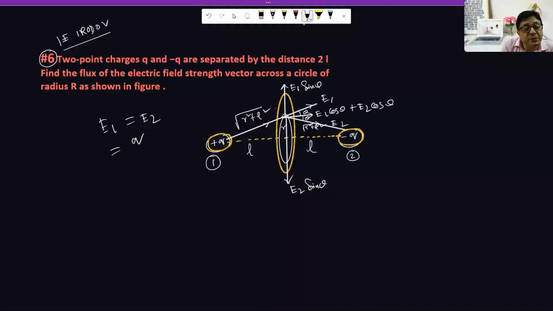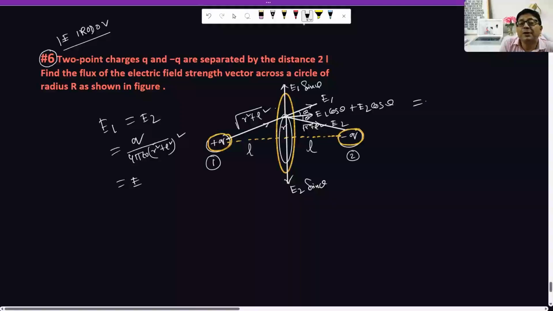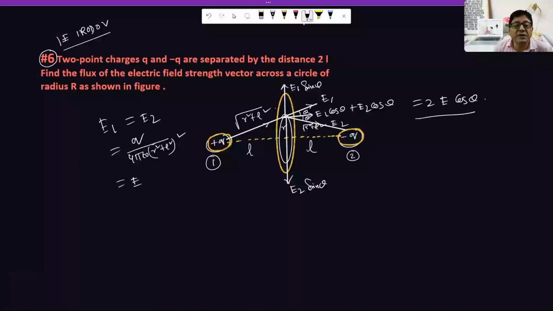So this has value Q by 4 pi epsilon naught R square plus L square. Okay. We are assuming that this is equal to E. So this part is going to be 2E cos theta. Am I clear? It is going to be 2E cos theta.